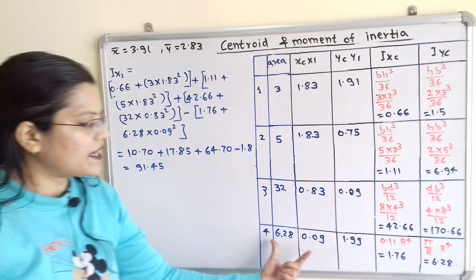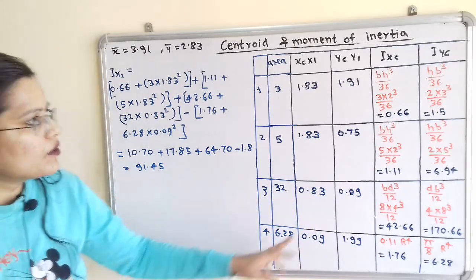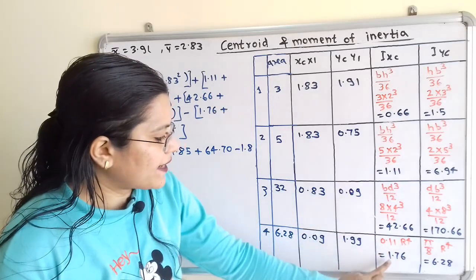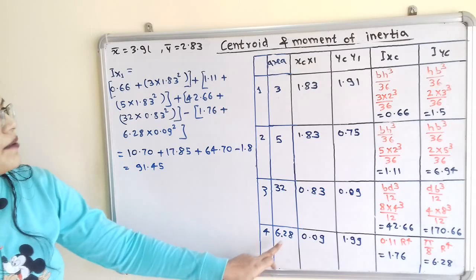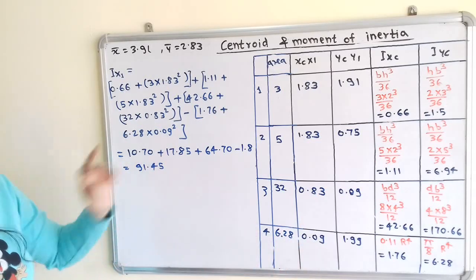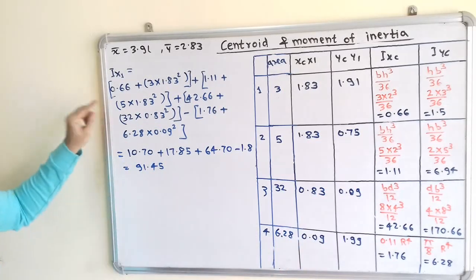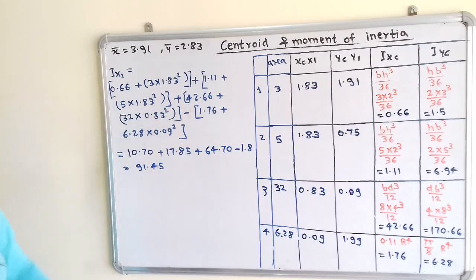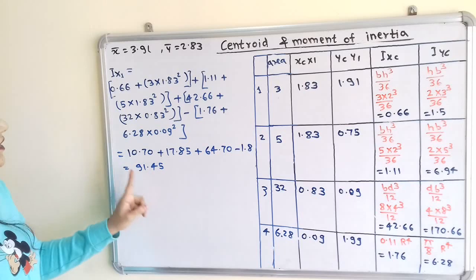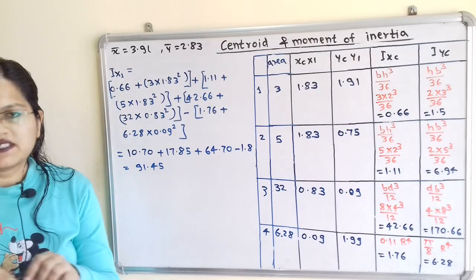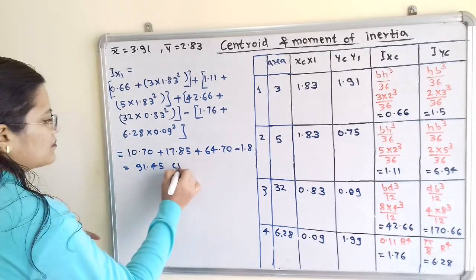Now we have to subtract shape number 4. So minus, in bracket, Ixc4 plus area multiplied by 0.09 square. So we have to show the curly bracket as well as the square bracket. And then the calculated answer is 91.45 centimeter raised to 4.